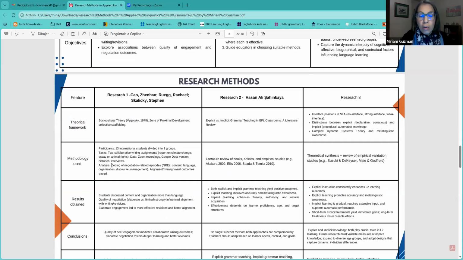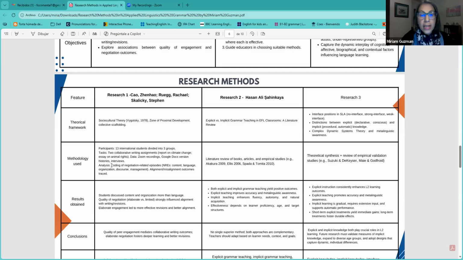Firstly, Rose and Slack in 2025 investigated collaborative writing among international students in New Zealand. They analyzed negotiation-related episodes during tasks like essays on climate change. As a result, they found the quality of negotiation, whether elaborate or limited, directly influences the effectiveness of revisions.